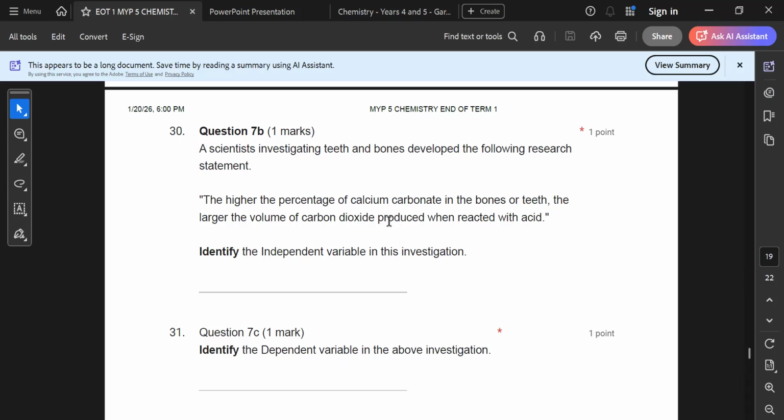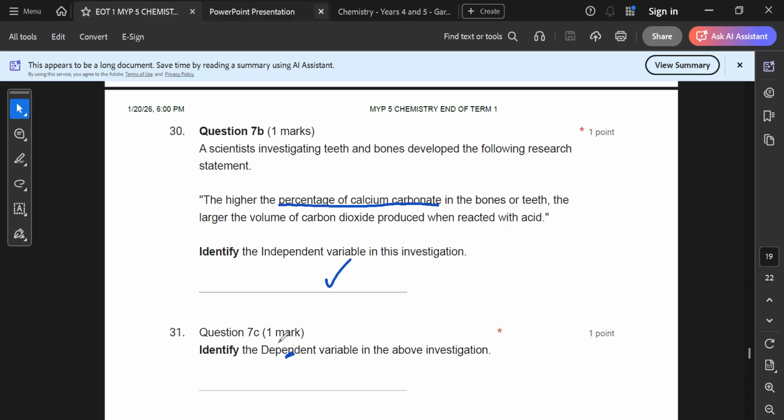Could you guess what could be our independent variable in this case? Yes, that's right. It's the percentage of calcium carbonate. That's the independent variable. Then they're asking us to identify the dependent variable. Could you guess that one?